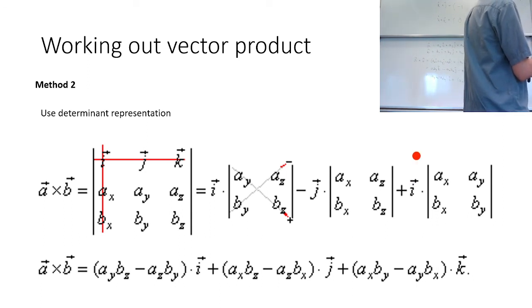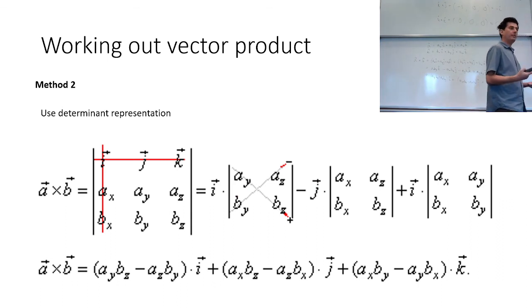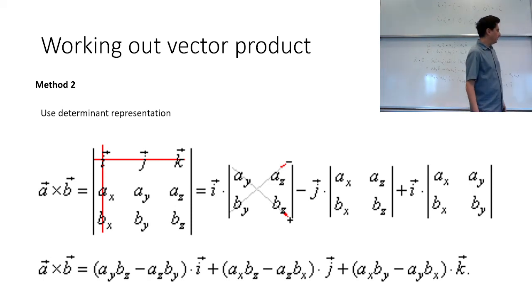Okay, so when you calculate the determinant of a 3 by 3 matrix, for a 2 by 2 matrix, it's the product of this and this minus this and this. If it was just that, that would be the determinant.